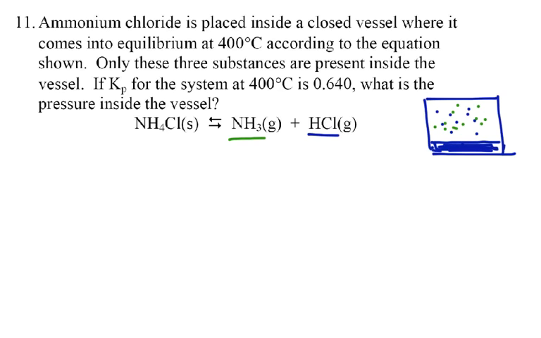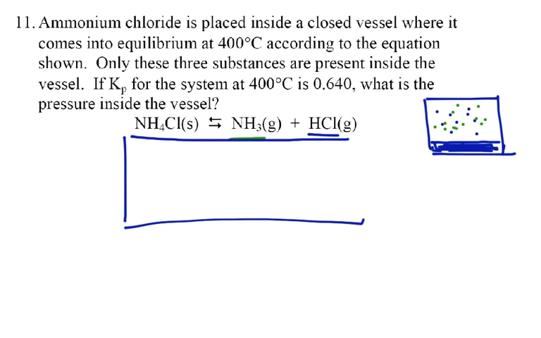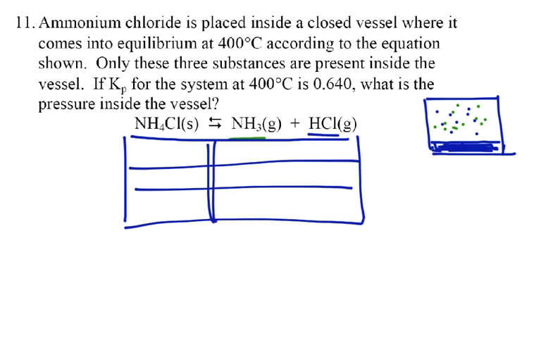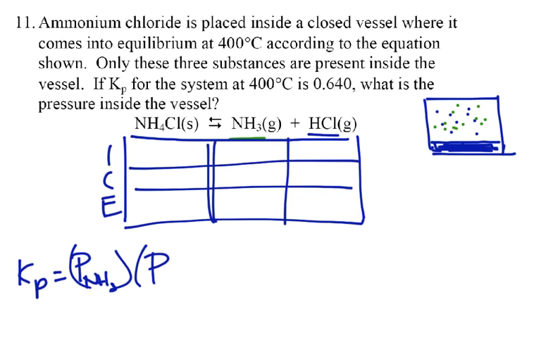So we can start off with what we think we need to do. Let's go ahead and draw an ice box. We're given that there's a Kp for this system. The Kp will be the partial pressure of NH3 times the partial pressure of HCl.